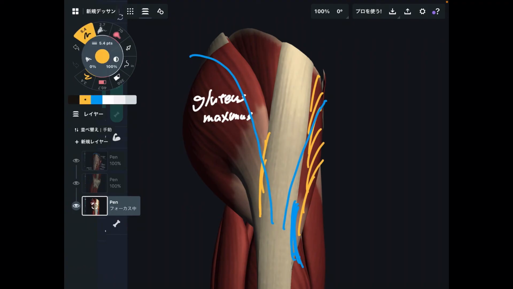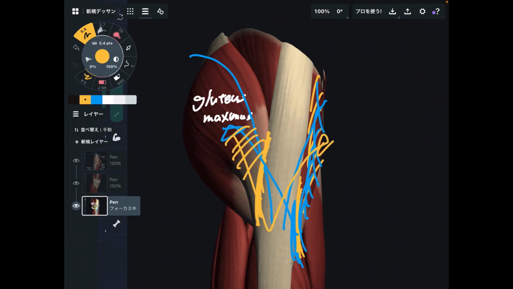Does it make sense? Tensor fascia lata attaches to the iliotibial band. Gluteus maximus also attaches to the iliotibial band. So if tensor fascia lata gets tight, this tension may go to gluteus maximus. Vice versa, if gluteus maximus gets tight, this tension may go to tensor fascia lata.